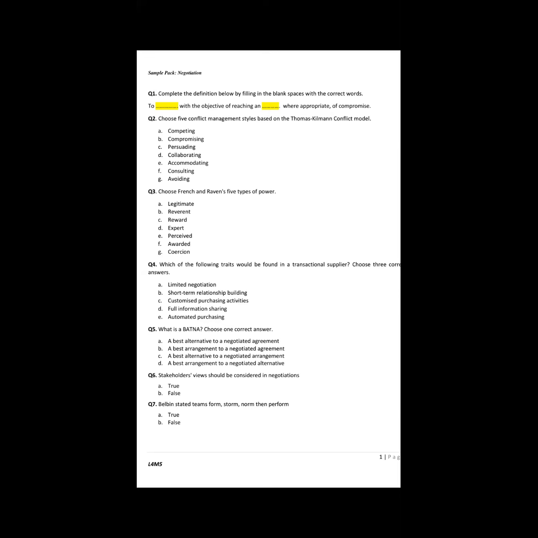All right. So question 6: stakeholders' views should be considered in negotiations. True or false? True. Okay, correct. Belbin stated teams form: storm, norm, and perform.